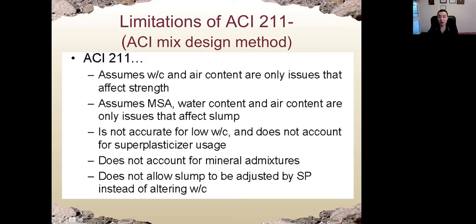And we know, for example, superplasticizer can easily control the slump of concrete. So that is not considered by ACI 211. And it's not very accurate for low water cement ratio concrete and does not account for superplasticizer dosage. And also does not account for mineral admixtures at all. And it does not allow slump to be adjusted by superplasticizer. So those are some limitations in the ACI 211 method.